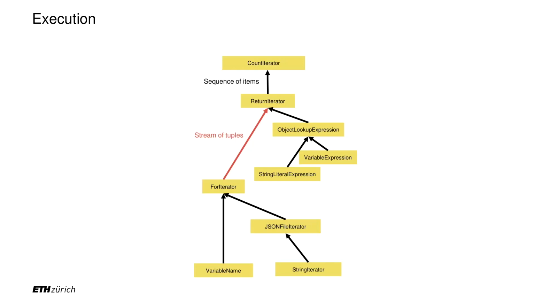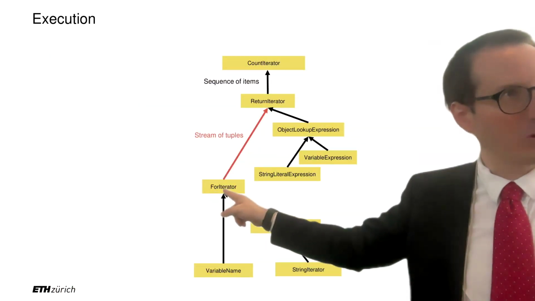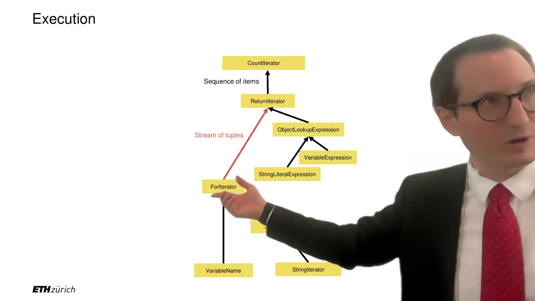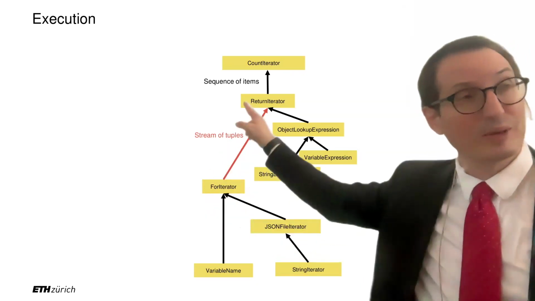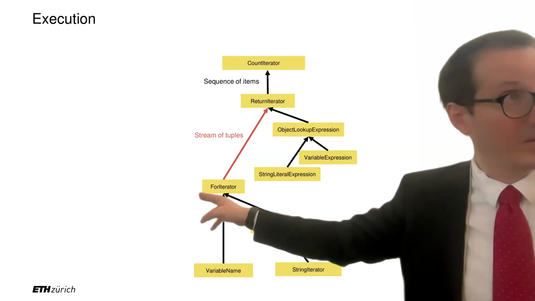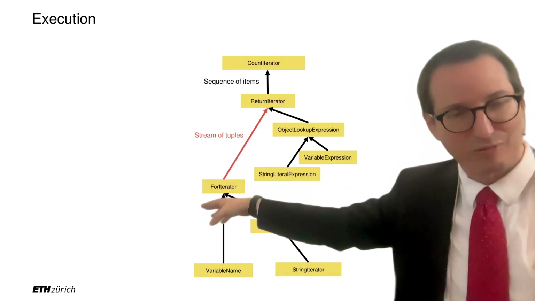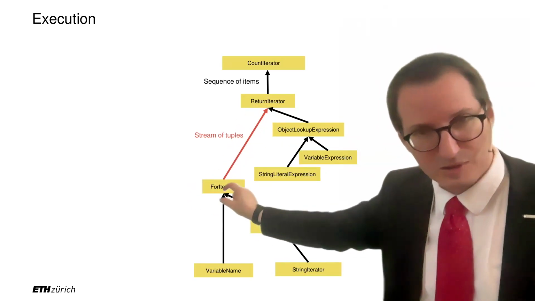But not everywhere, because some of the nodes in that tree are actually not expressions, but clauses, right? The for is a clause. So here, of course, the for clause is not going to return a sequence of items. It's going to return instead a stream of tuples, which we now know is in fact a data frame behind, right? We are going to have a data frame for that. But anyway, that's why I put another color here, because it's a clause, it's not an expression.